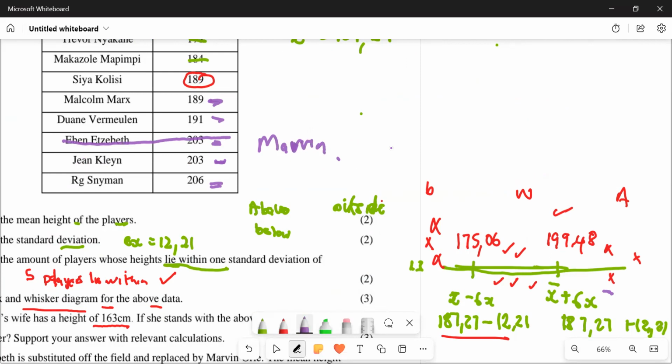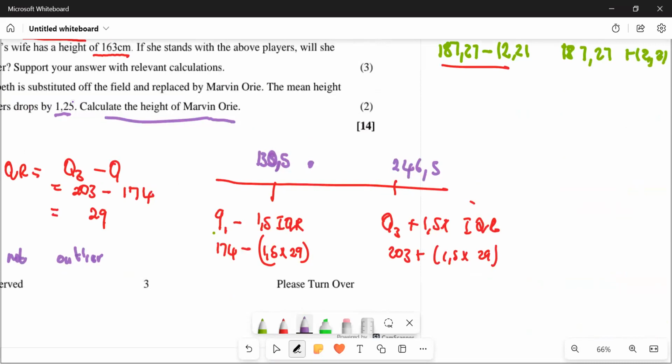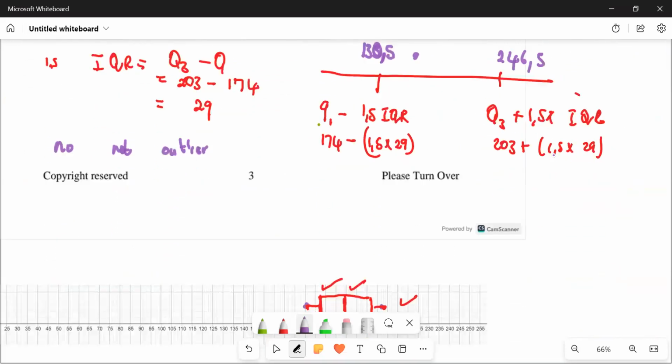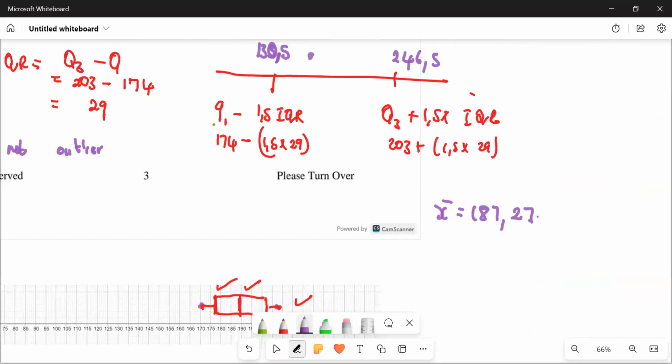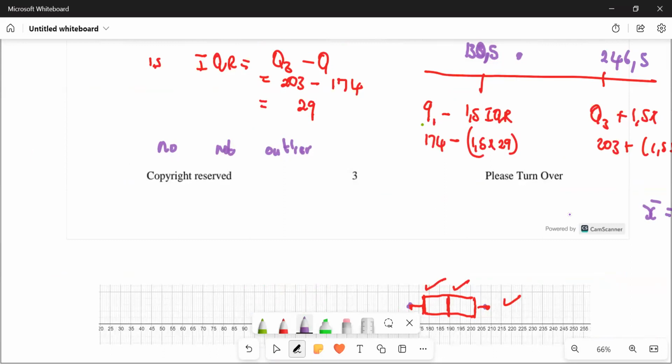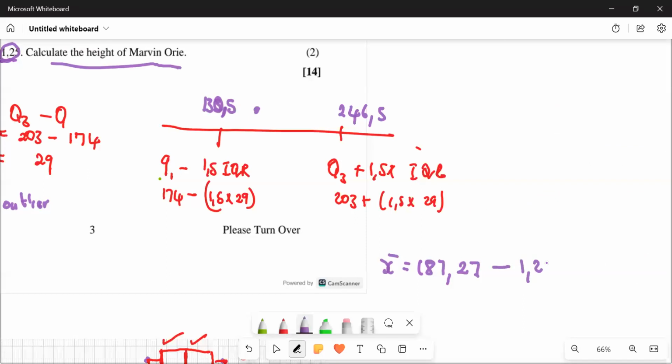Okay, but do we know the height of Marvin? What are we going to say if we don't know something in math? It's x. They say the original mean dropped. The mean height drops by 1.25. Let's remember, what was the original mean that we had before? The mean before was 187.27, and it drops by 1.25, so minus 1.25.